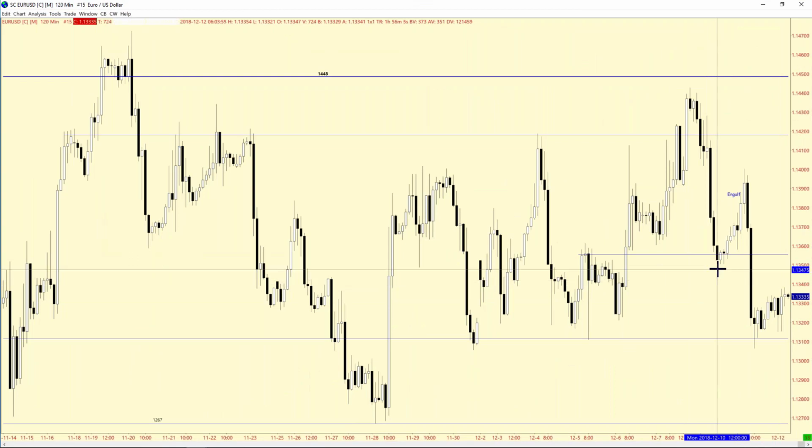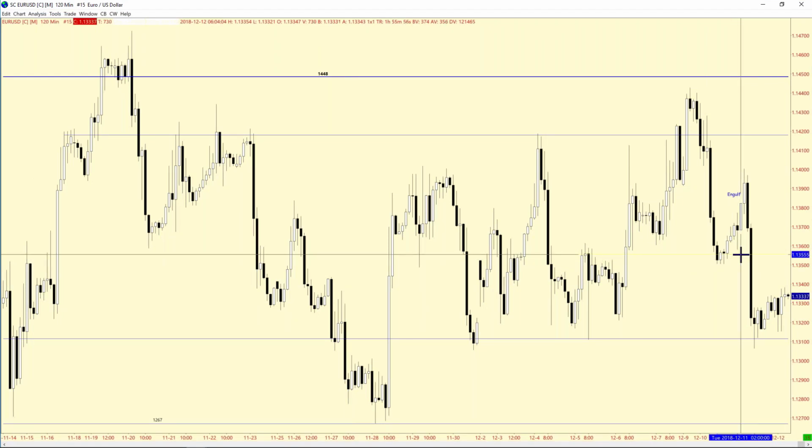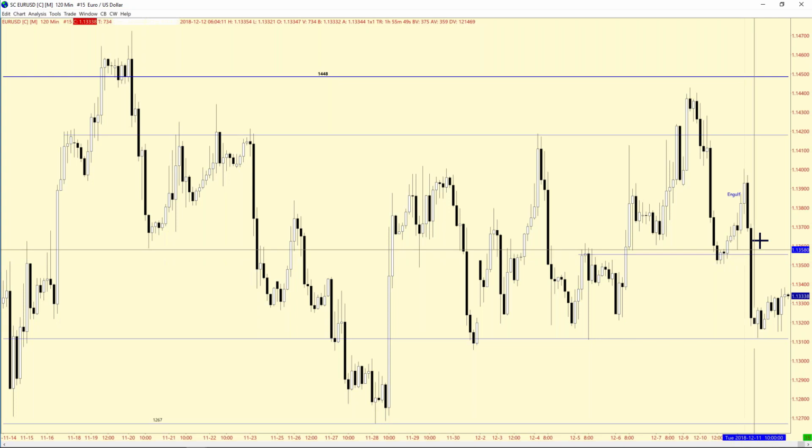Looking here on the resistance, well, for right now, on a very short-term basis, it's going to be 1356. So we're keeping it pretty close to the vest, 1356.